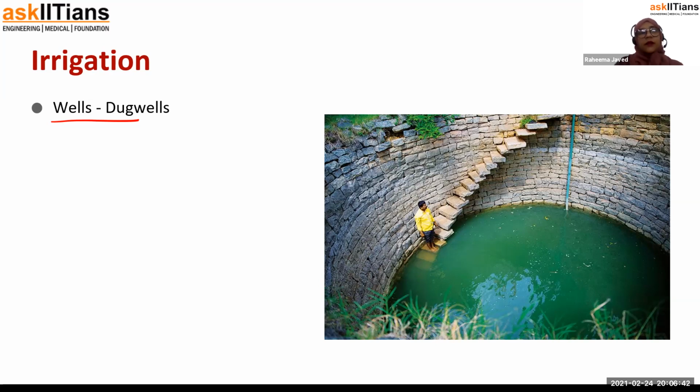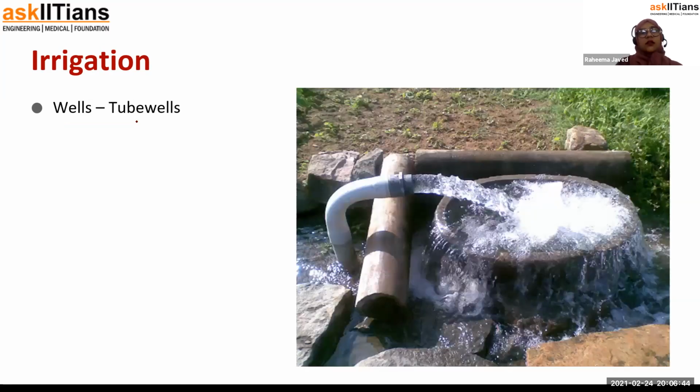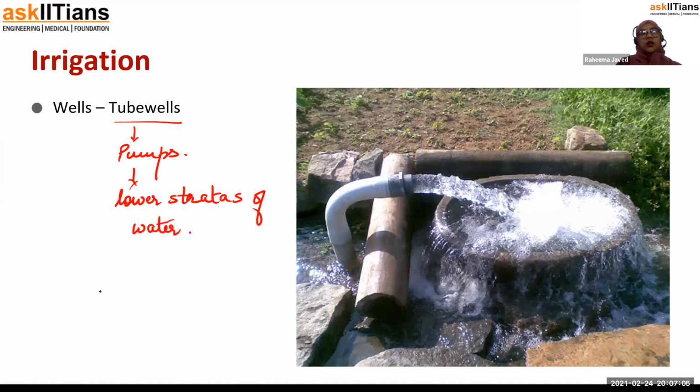But tube wells are a different kind of well, because here we are using pumps to draw water, to lift water from the lower strata of water. This picture shows the tube well, where this pipe is bringing the groundwater through the pump.